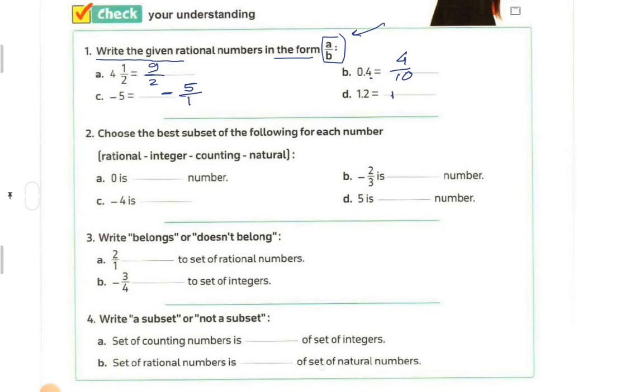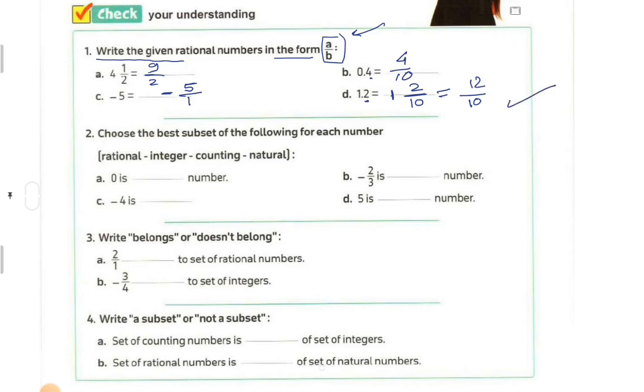D, 1.2. 1 is a whole number, and 0.2 has 2 in the tenths place, so put 10 in the denominator. Now I have a mixed number. I learned before to convert a mixed number to a fraction by keeping the same denominator and getting the numerator by multiplying the denominator times the whole number plus the numerator. 10 times 1 equals 10, plus 2 equals 12.